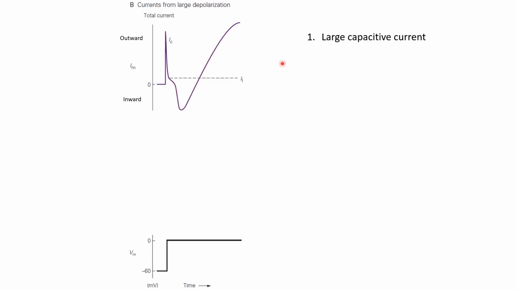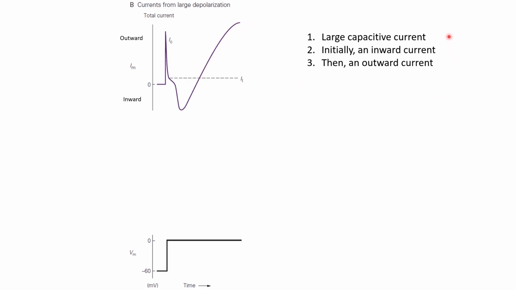So overall, in the beginning we see this large capacitive current, then there is a negative compensatory current, which means that there must be positive ionic current. So the current is coming into the neuron in the beginning. And then later we see that there is positive compensatory current, which means that there must be negative ionic current, or current is flowing out of the neuron later.